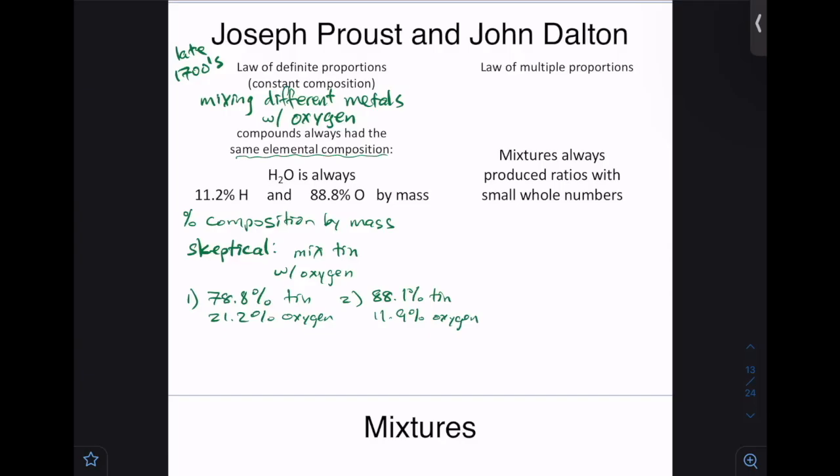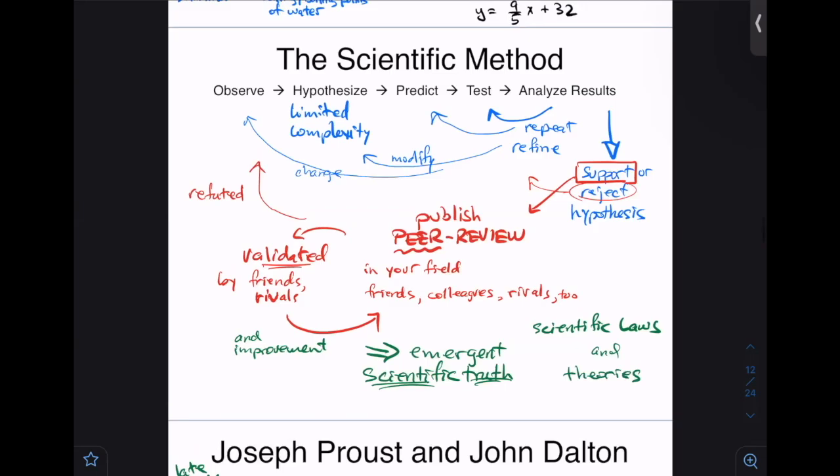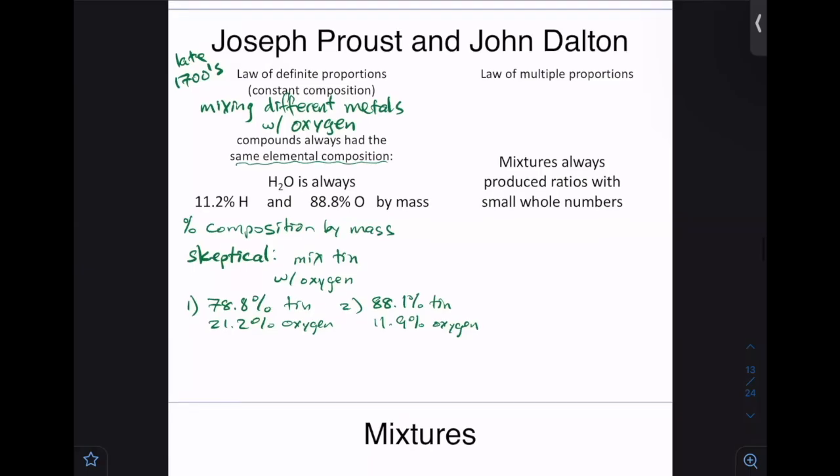Here, we just did your experiment, your big famous experiment. We just did it with tin, and we got a whole big mess out of there that we don't understand, okay? Now, that doesn't mean that Proust was wrong, okay? Maybe he was wrong to call it a law just yet, okay? But if you go back to the scientific method, you don't necessarily refute the whole thing, but you might have found evidence for something that doesn't get explained perfectly by the existing theory.